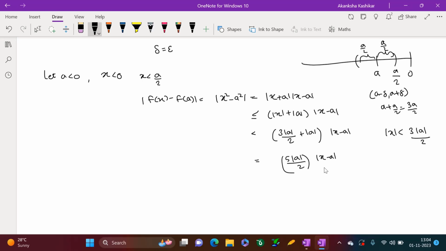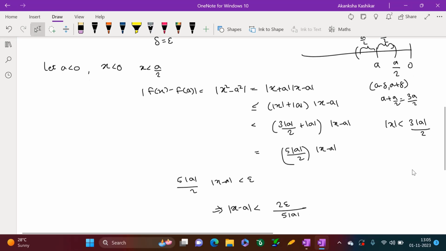So what we can do, and we want this to be less than epsilon, correct? So 5 mod a by 2 into mod x minus a has to be less than epsilon. This implies mod x minus a has to be less than 2 epsilon upon 5 mod a, correct?